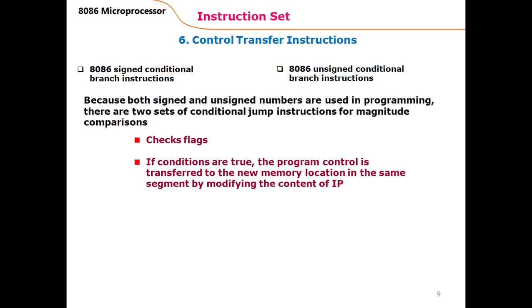Both of these types of conditional branch instructions check flags. If the conditions are true, the program control is transferred to the new memory location in the same segment by modifying the content of the instruction pointer.